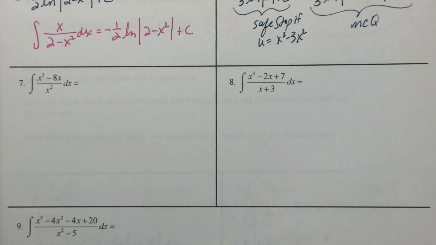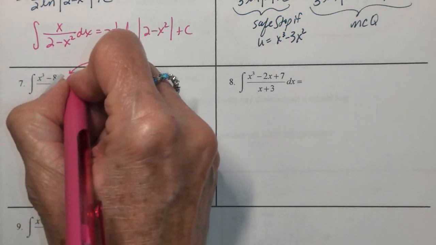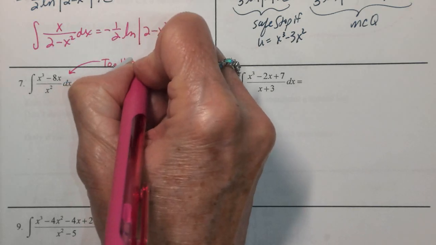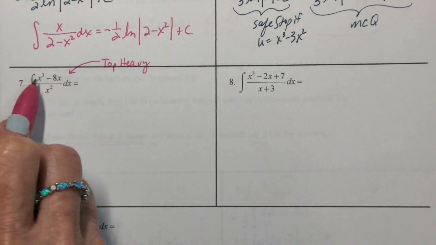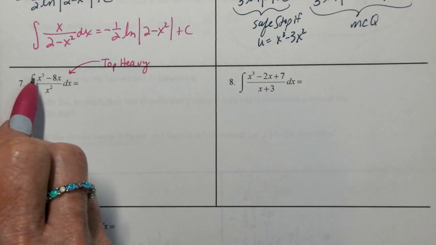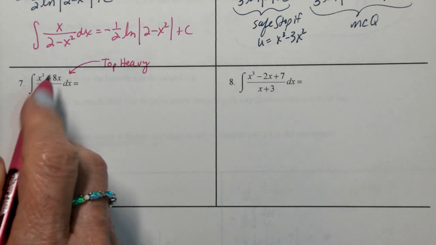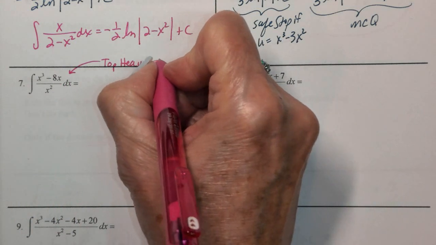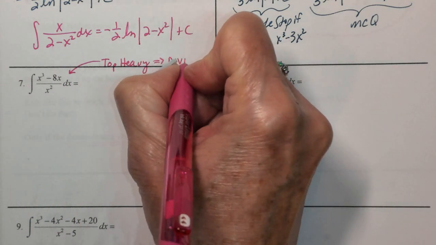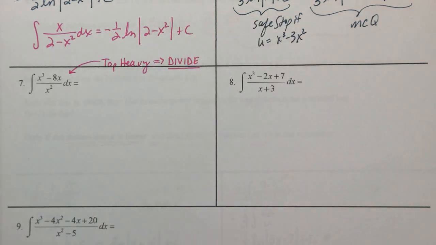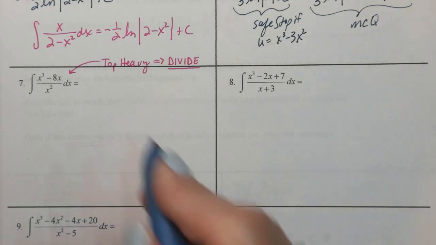So, if you have a fraction that is top heavy, meaning the power of the top is greater than or equal to the power of the bottom, top heavy, if it's top heavy, we always divide. So I'm going to go off to the side and divide.